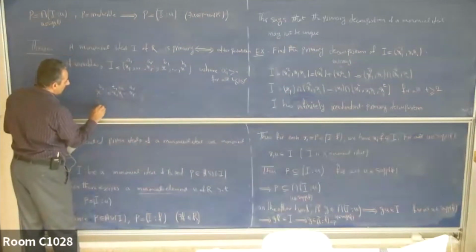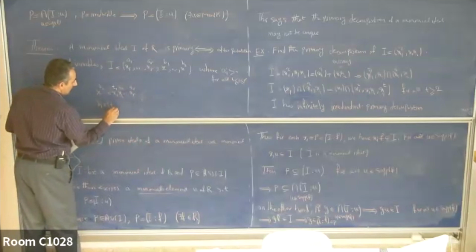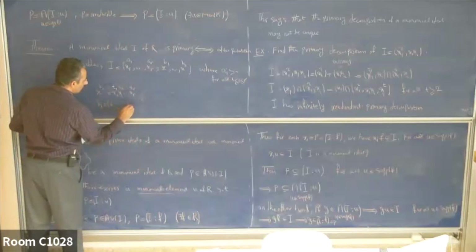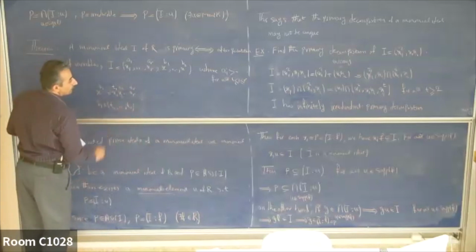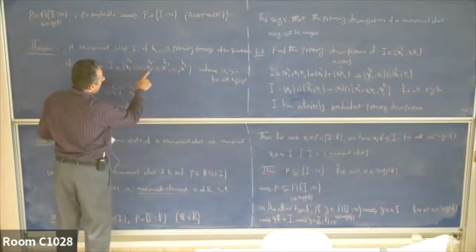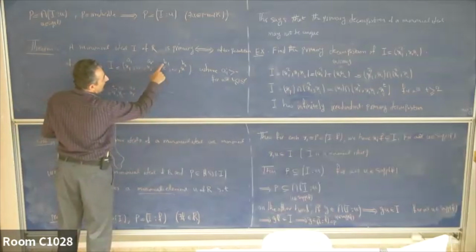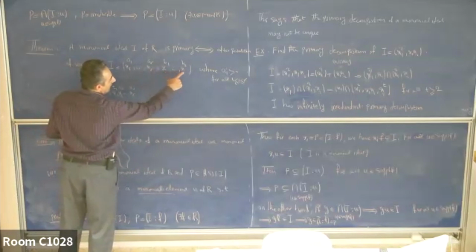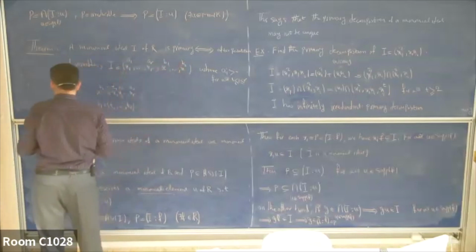So b1 is equal to these vectors. All of them here are monomial elements. These are the variables x1, xr, but x power b1 is a monomial element, x power bs a monomial element.